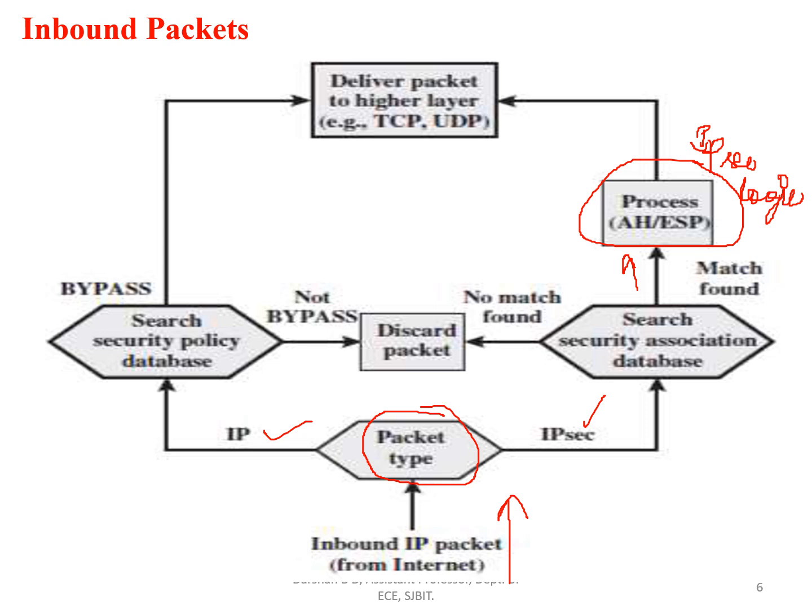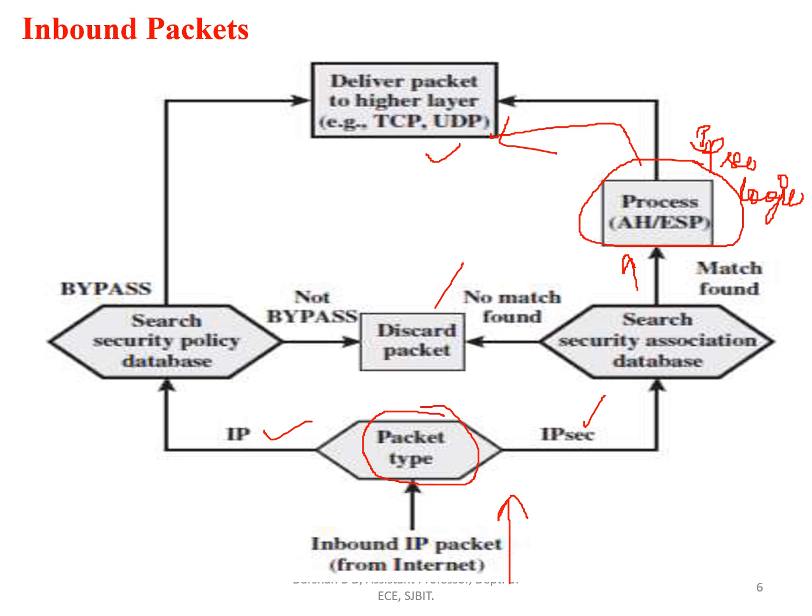If no match is found, discard the packet. If a match is found, we process it, doing encryption and authentication using the authentication header or encapsulating security payload, for transport mode and tunnel mode. Once the IP security processing has happened, we deliver the packet to the higher layer, for example TCP and UDP.